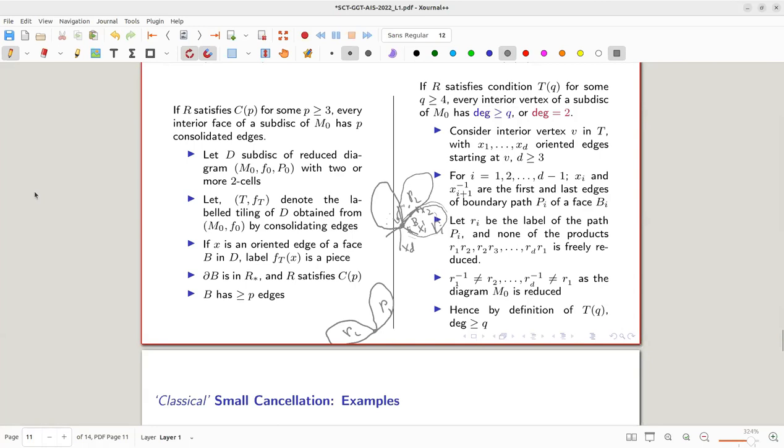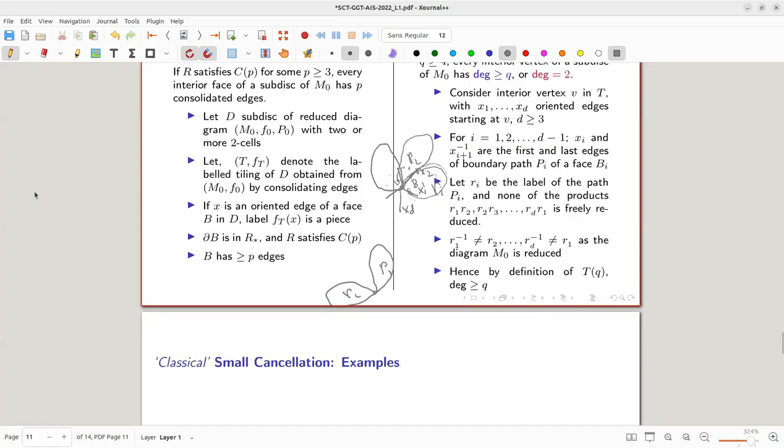We cannot say, so at least one edge is going out or coming in there. In fact, at least it is doing both. So we have two edges clubbed together for this product R1 R2. So it satisfies the definition of TQ, and hence the degree has to be at least Q.